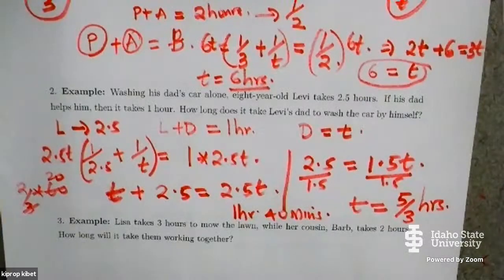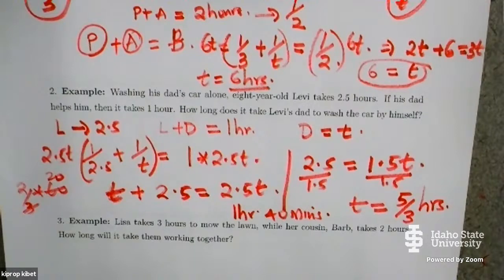Lisa takes 3 hours to mow the lawn, while her cousin Barb takes 2 hours. How long will it take them working together? So this is almost similar to number 2 and number 1.